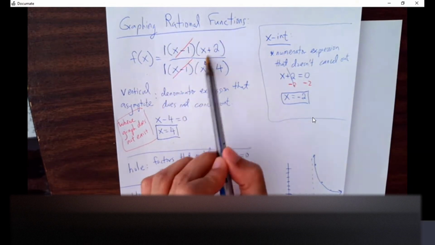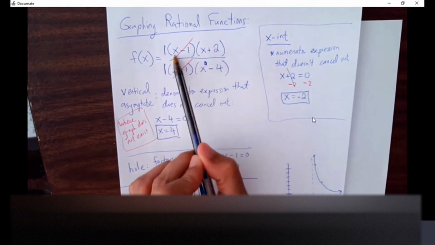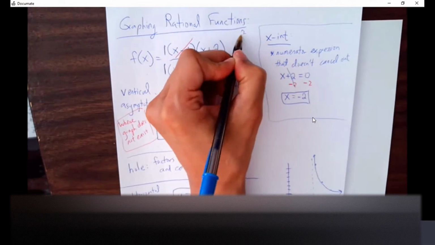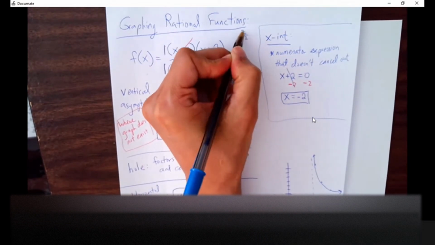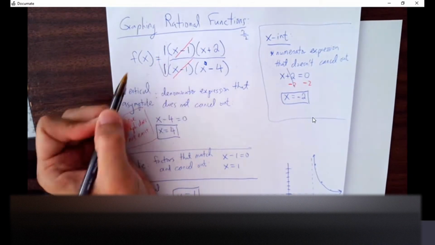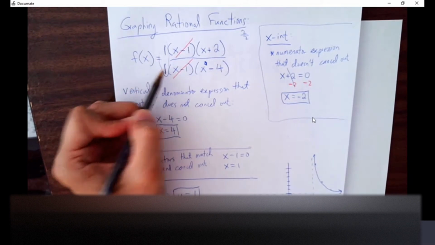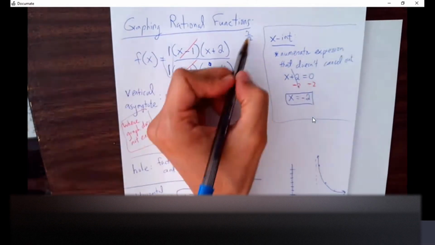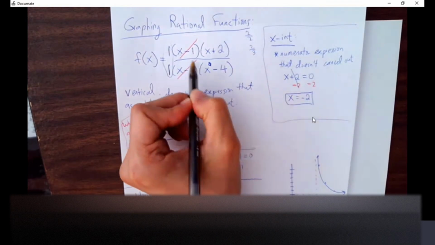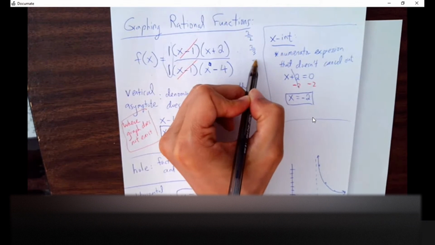So how many do we have above on this previous one? 2. How many do we have below? 2. So if the number is the same, then you just have to rely on the coefficients. Just look at what's in front, and that's our number. 1 over 1 is just 1. But if the denominator had more x's, let's say 2 above and 3 below, then it's always going to be y equals 0.